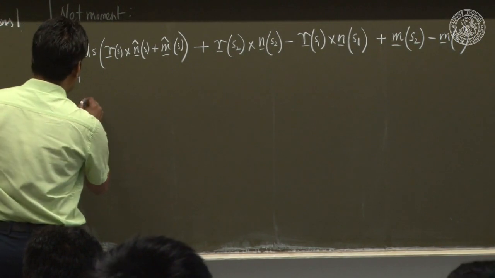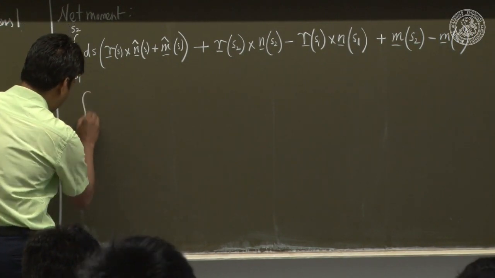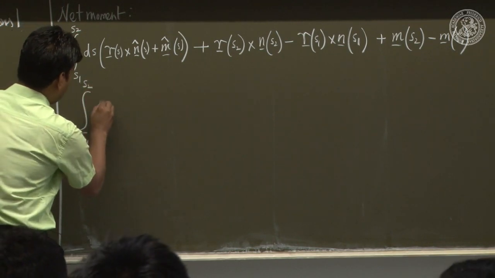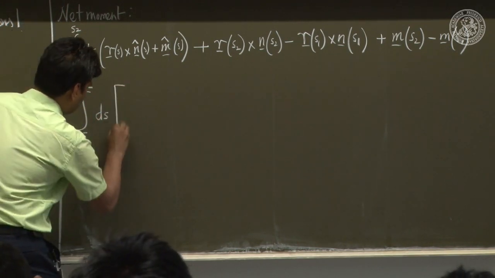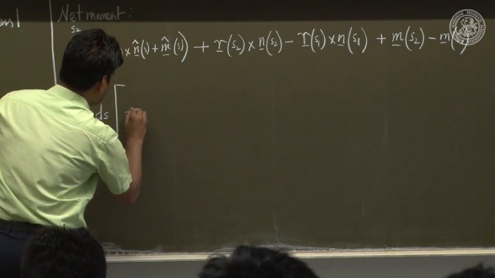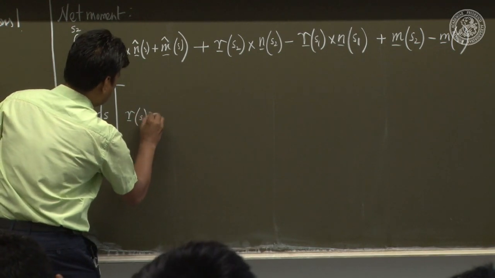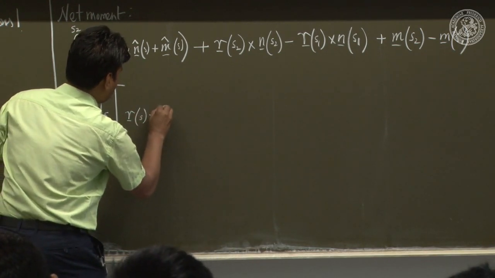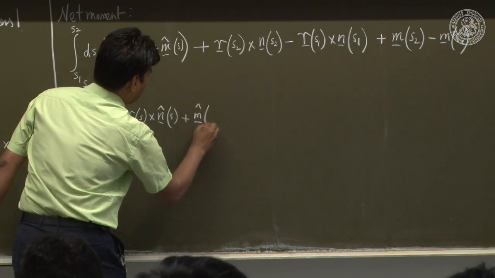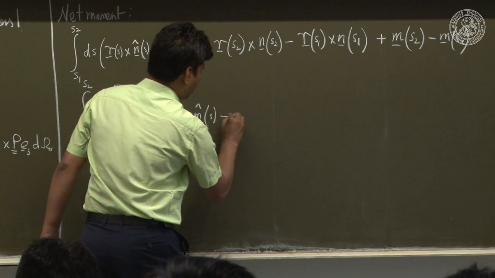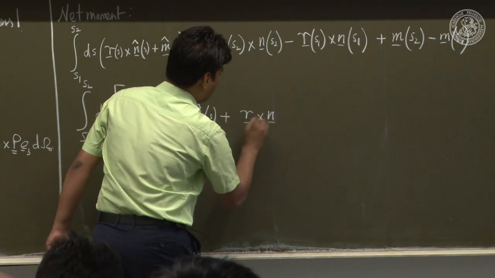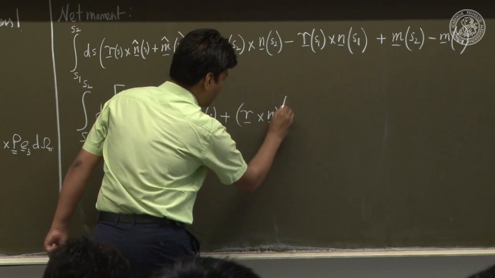Okay, and then we will do as we did last time. So, this becomes the integral from S1 to S2 of ds, and then within, so I am going to write everything within the integral. So, this is R S cross n hat of S plus m hat of S plus R cross n prime.